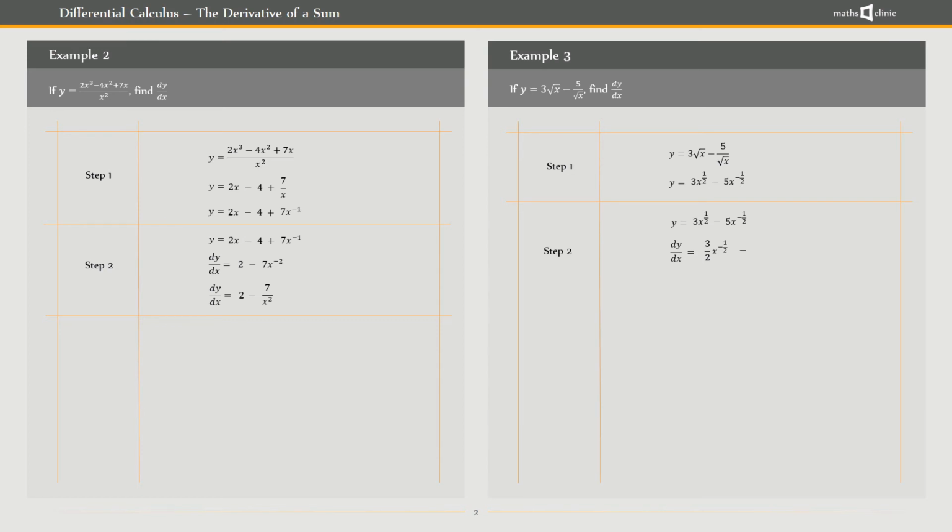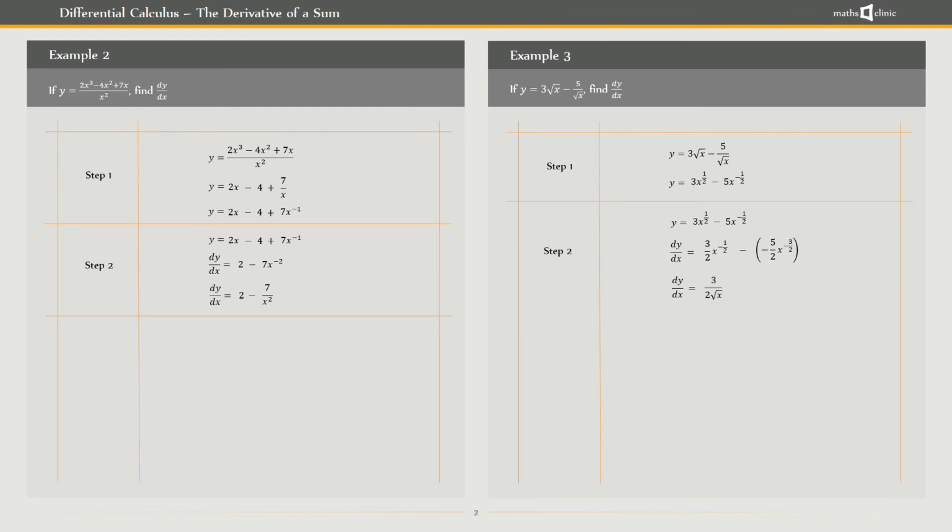Then we have minus, and we're going to differentiate 5x to the power of minus 1 over 2, and what we'll have is minus 5 over 2 x to the power of minus 3 over 2. We simply have minus 1 over 2 multiplying 5 gives us minus 5 over 2, and then x to the power of minus 1 over 2 minus 1, that's minus 3 over 2.